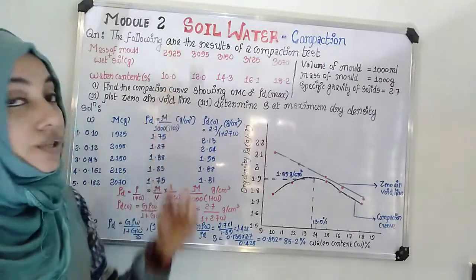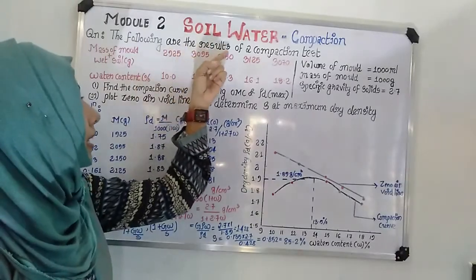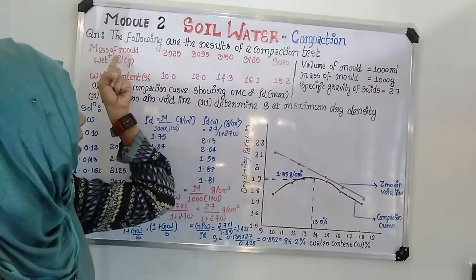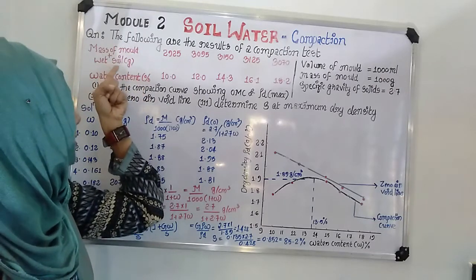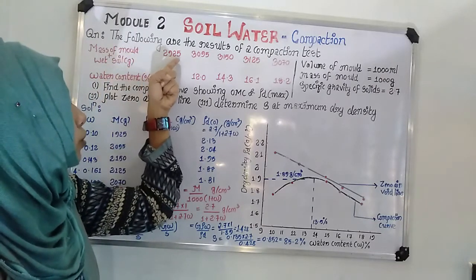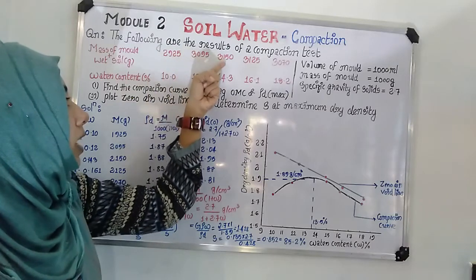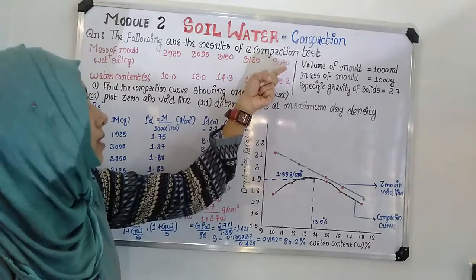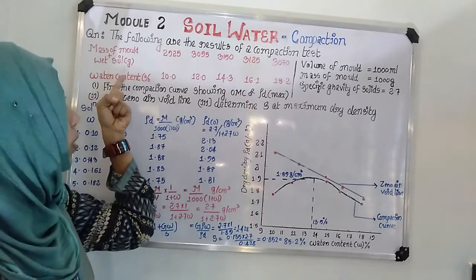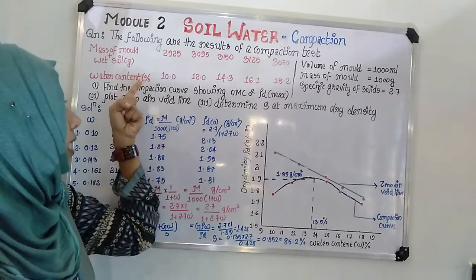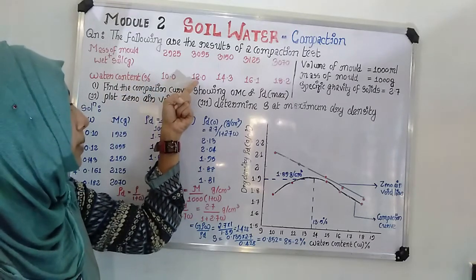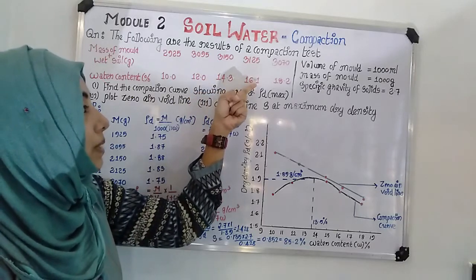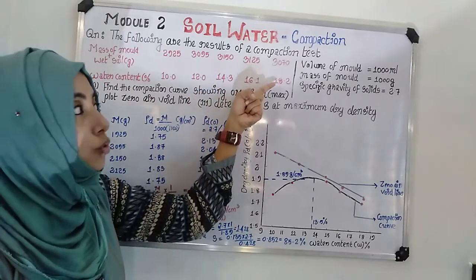Here is the next question for you. The following are the results of a compaction test. We have given the mass of mold plus wet soil in gram: 2925, 3095, 3150, 3125, 3070, and the corresponding water content in percentage is given as 10%, 12%, 14.3%, 16.1% and 18.2%.